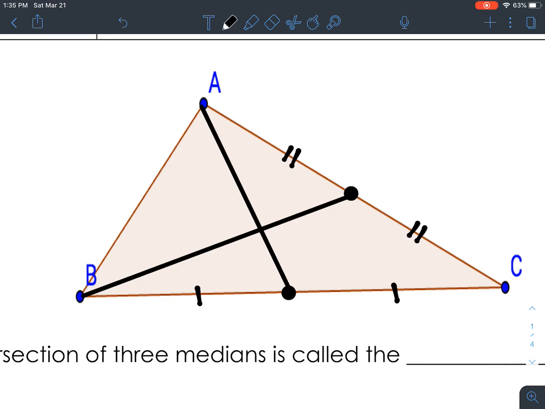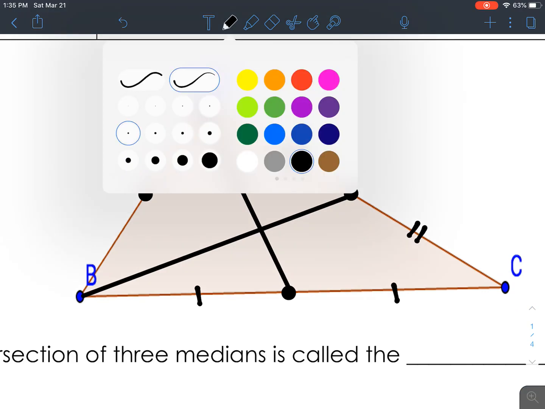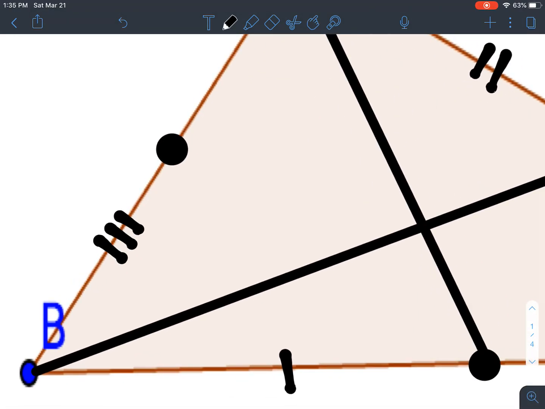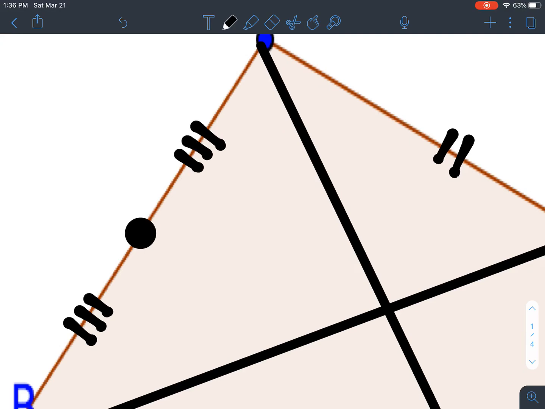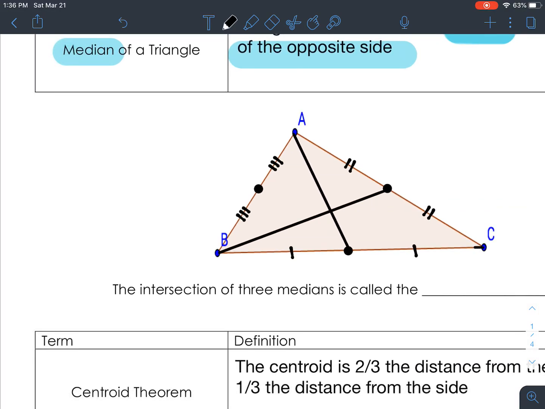Now, if you remember what we talked about in section 5.1, when you draw all 3 special segments within a triangle for perpendicular bisectors and for angle bisectors, they all met at one point. And that was the point of concurrency. Same idea here. So if we have this third midpoint, and I'm notating 3 tick marks here, and now I'm connecting C with that other midpoint right there.